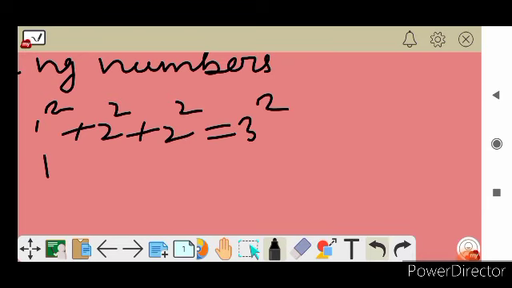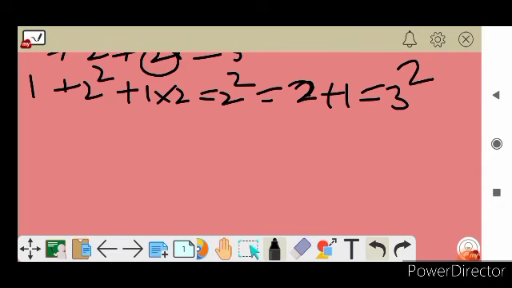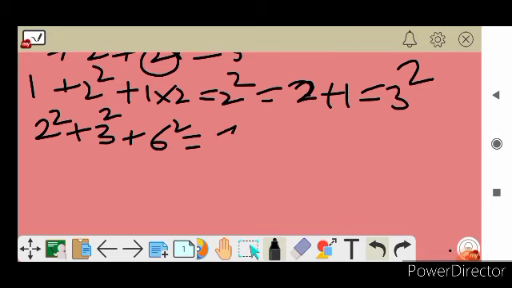1 and 2 square. So the third number we get is 1 multiplied by 2 equals 2, squared. Okay, and after that we add 1 to 2 and get 3, and raise it to power 2. Then we observe the second line: 2 square plus 3 square plus 6 square equals 7 square.